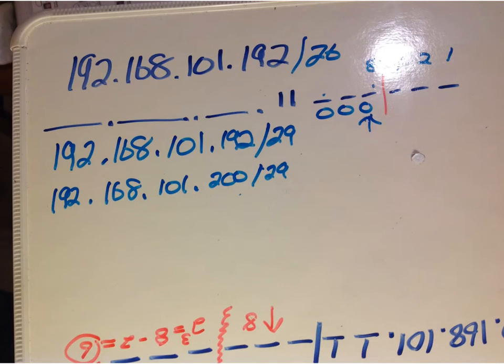Okay, so here's an example of the last network that we didn't use. It's a /26.